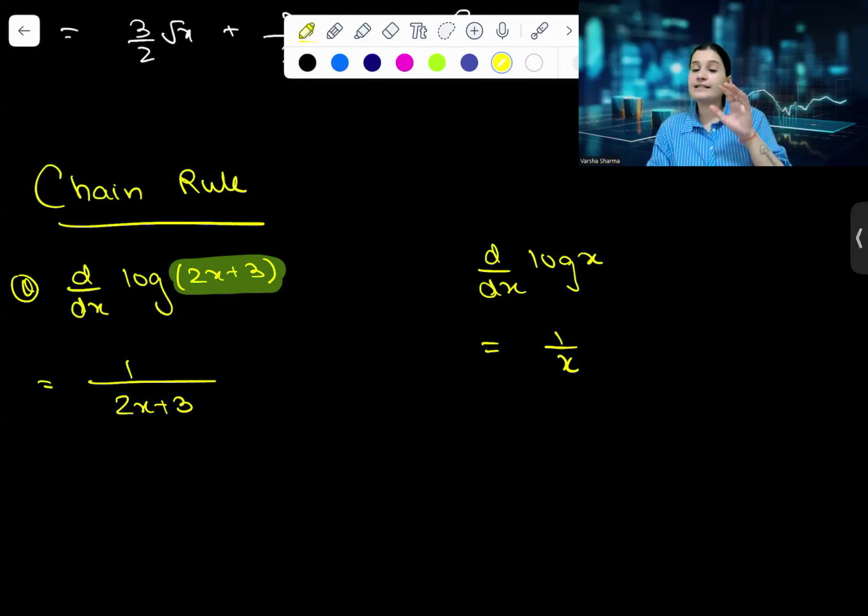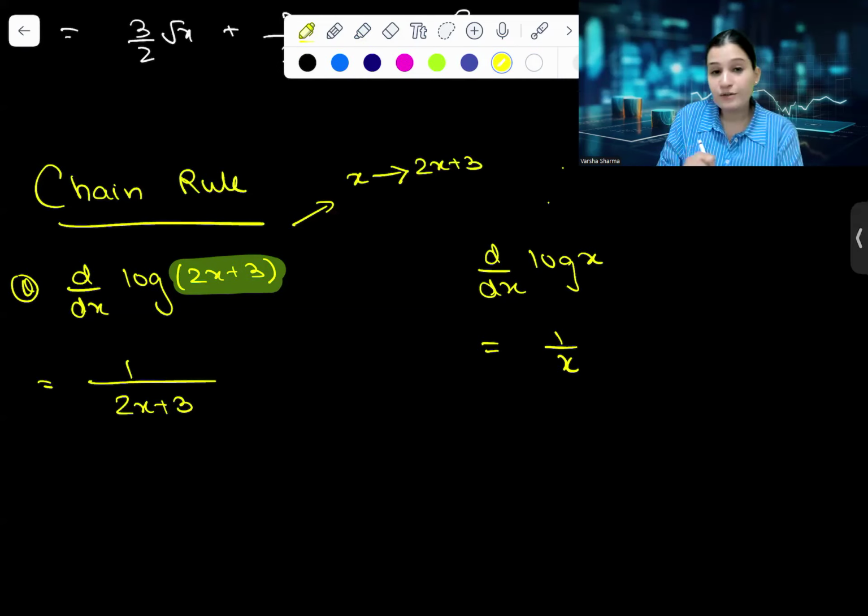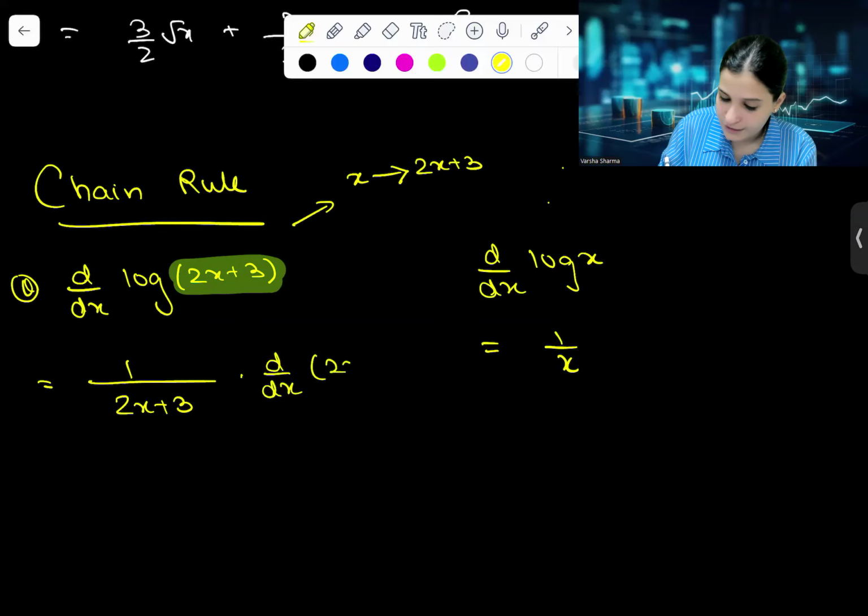Now, chain rule says that since you're applying a formula, in the formula there was x, and in your question there is something other than x. So in this particular sum, what is written instead of x? 2x plus 3. So chain rule says after you have applied the normal formula, जो भी term आपका x के जगह था, we are going to differentiate that term and write the value in the numerator. So, into differentiation of the term that is written instead of x, हमेशा numerator में लिखा जाएगा, no matter which formula you are applying.